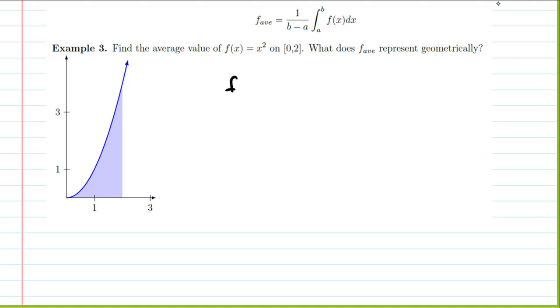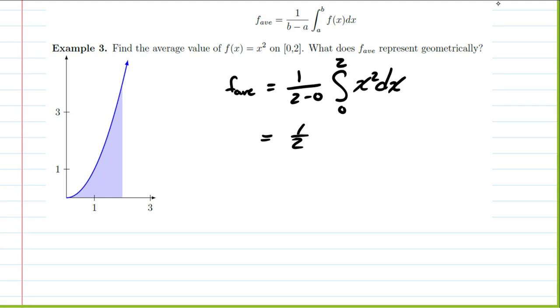So our f average is going to be 1 over 2 minus 0 times the integral from 0 to 2 of x squared dx. So that gives us 1/2 times the antiderivative of x squared, which is x cubed over 3, and we evaluate it from 0 to 2.